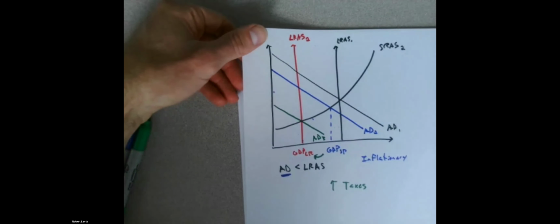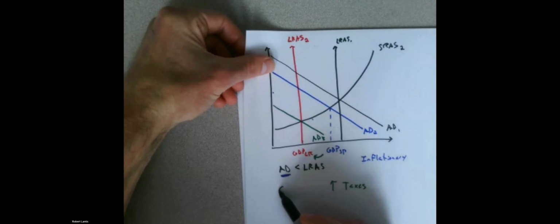It's asking about government spending. So the second part doesn't specifically ask. It gives you two options, right? It's a change in government spending or a change in taxes. We could use either one. But if I was using government spending here, I wouldn't actually want to increase it. What would I actually want to do? Well, I want to push aggregate demand lower.